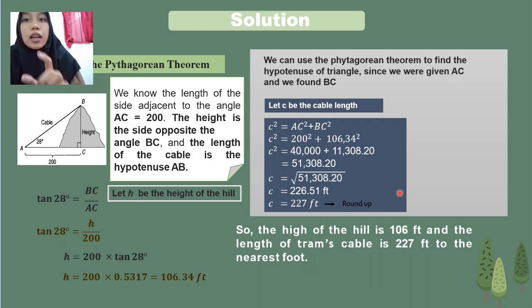And next we have C equals 226.51 feet, and to the nearest foot, C equals 227 feet. So the height of the hill is 106 feet, and the length of the tram cable is 227 feet to the nearest foot.